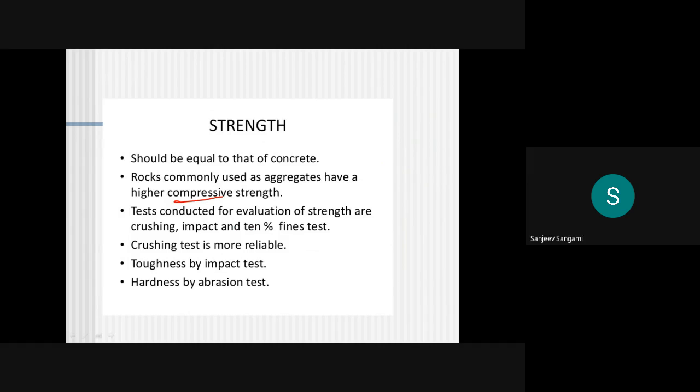Then you always have to conduct the 10 percent fines test. It is done during crushing: after crushing, for example 1 kg of aggregate, 10% of fines has to be produced.